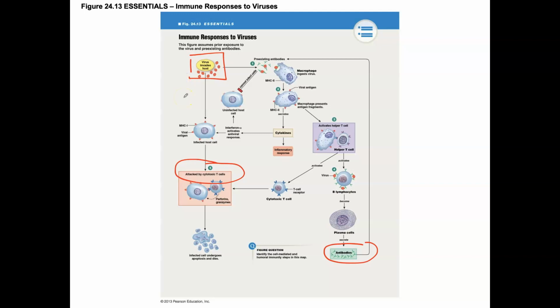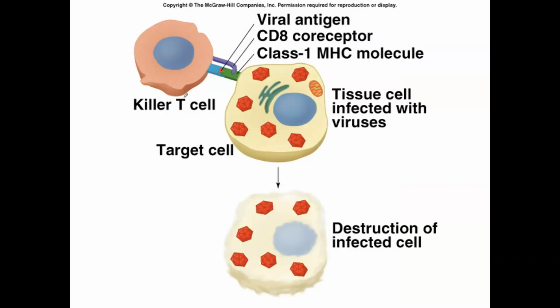So cell-mediated immunity involves T lymphocytes, and to a lesser extent, it involves natural killer cells. And in order for T lymphocytes to recognize infected host cells, there has to be some interaction between the cytotoxic T cell, or what we call the killer T cell, and the host cell or the target cell.